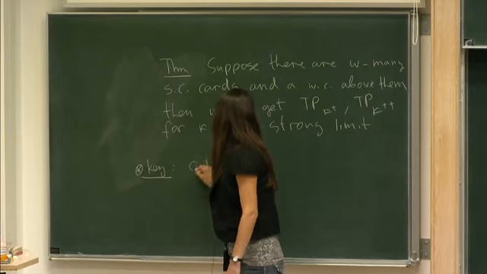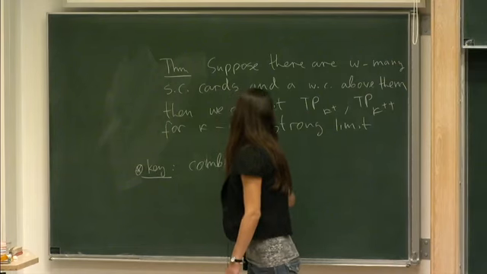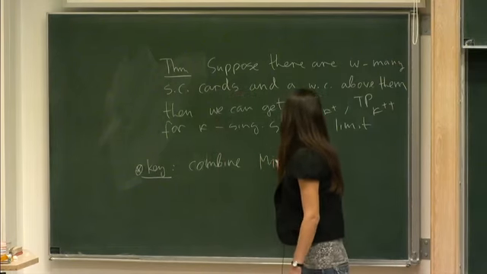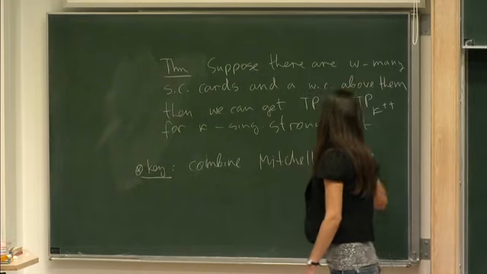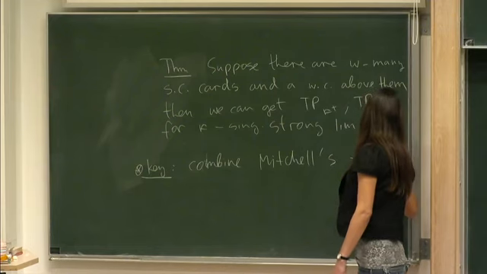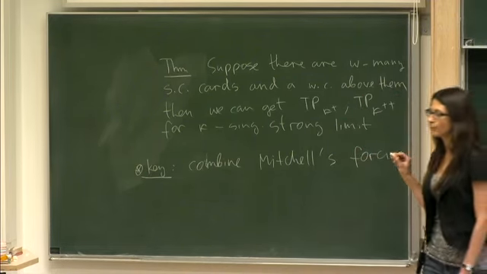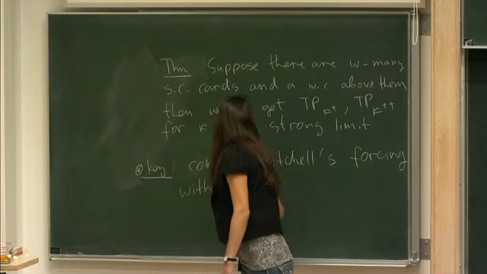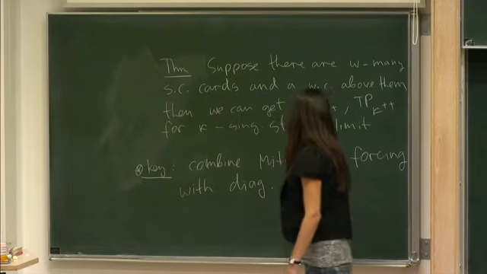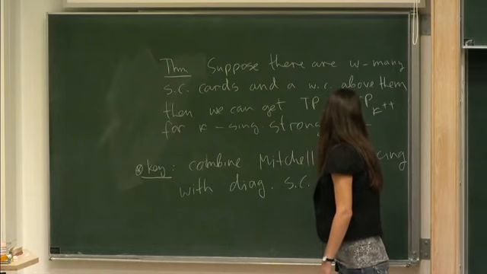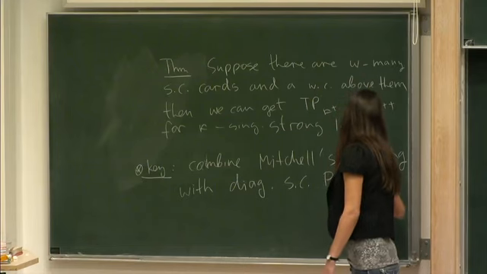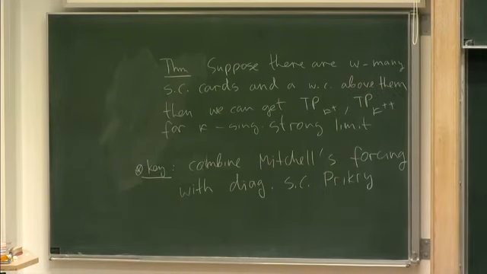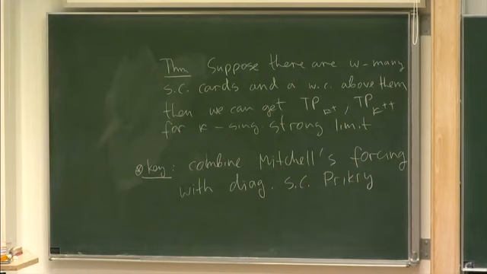So let me say, combine Mitchell forcing with the diagonal supercompact Prikry forcing. Let me start by mentioning some motivational past results which have combined, in different forms, Mitchell's forcing with Prikry type forcing.